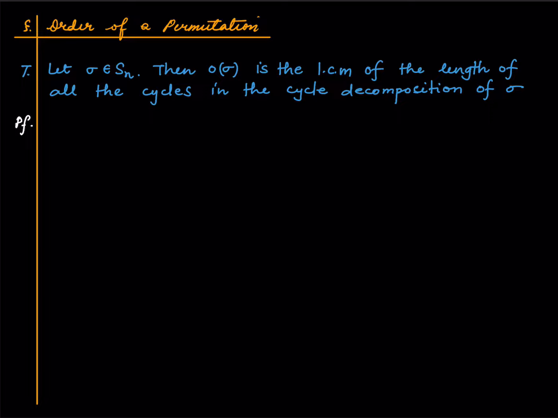Let me illustrate this not in full generality. Suppose sigma is a1 up to ak and b1 up to bl. Let's say there are only 2 non-trivial cycles in sigma.